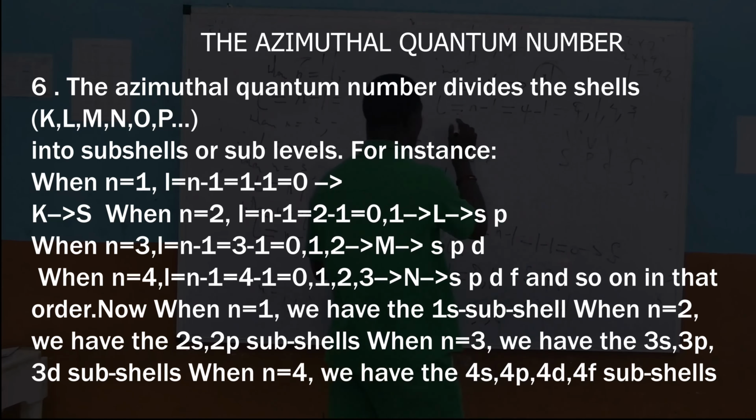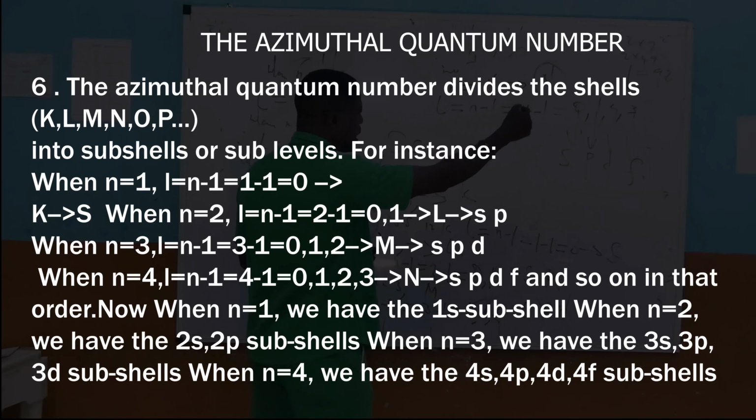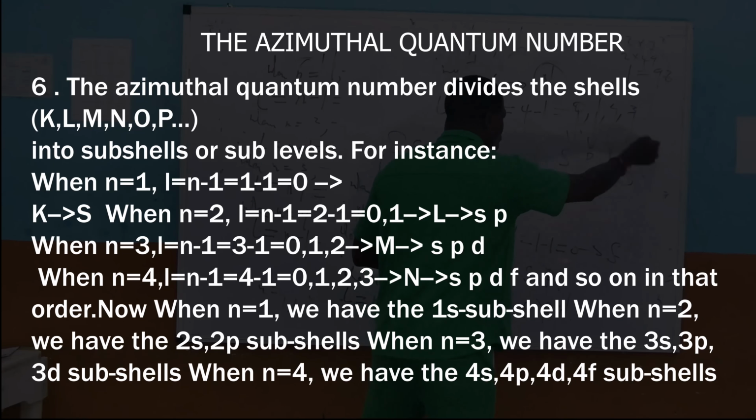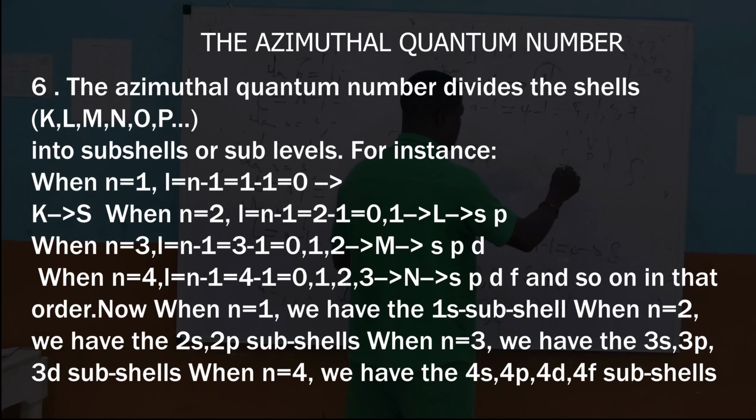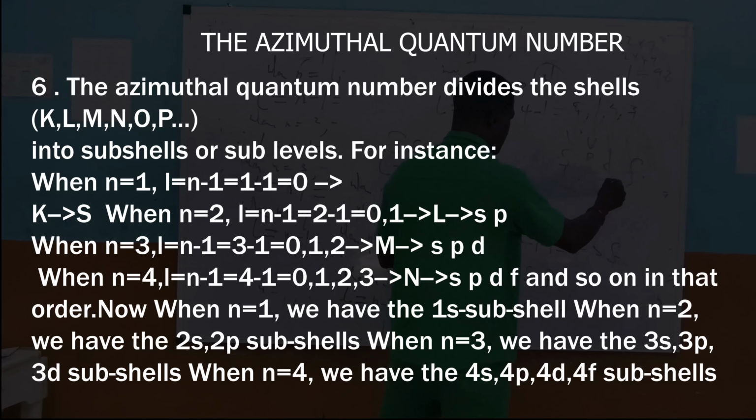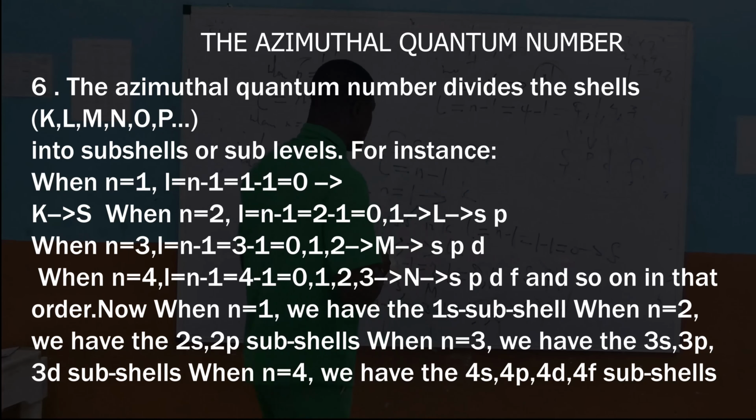So inside of the N shell, there are 4 subshells, known as s, p, d, and f.